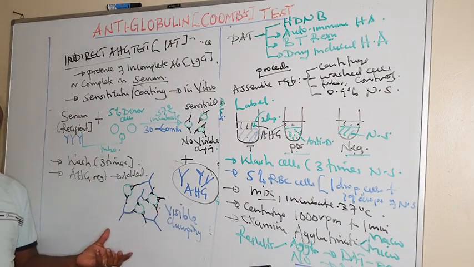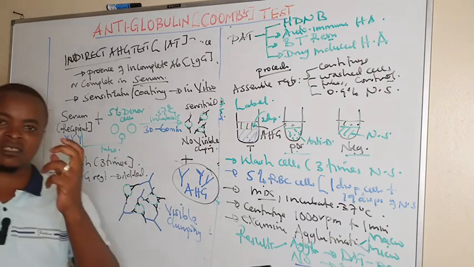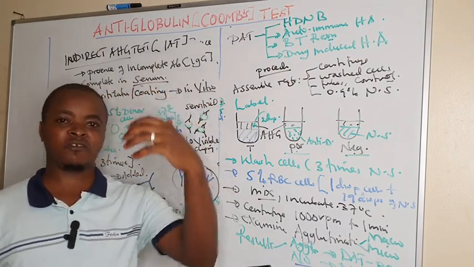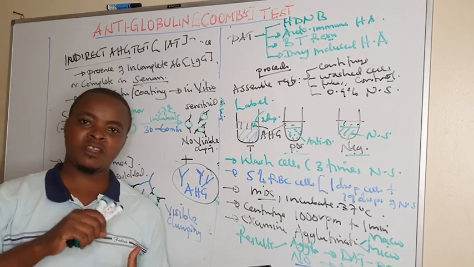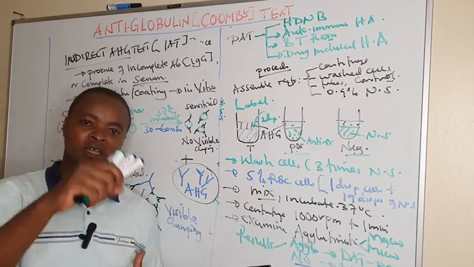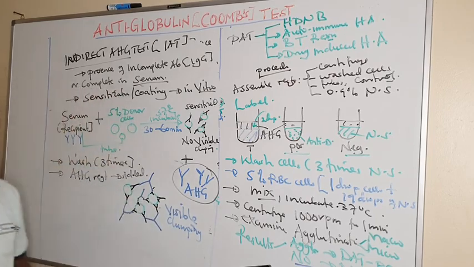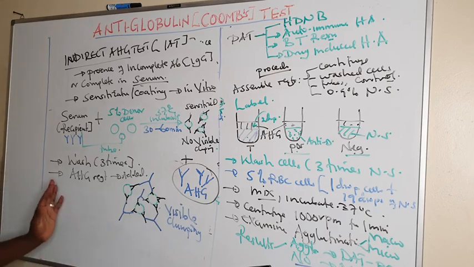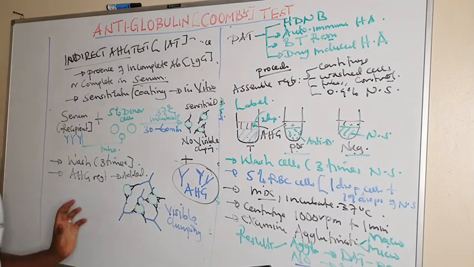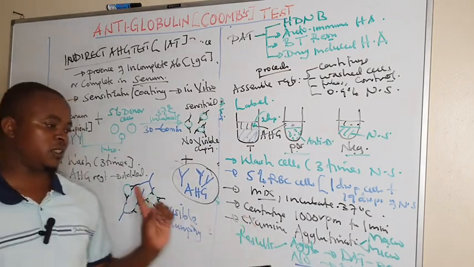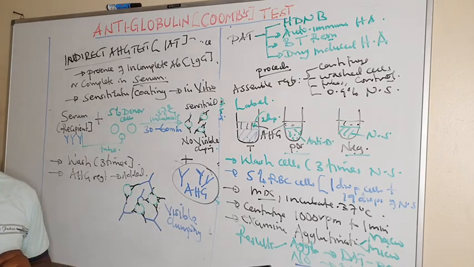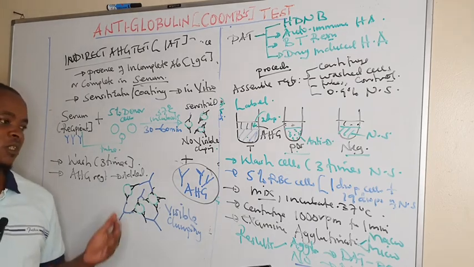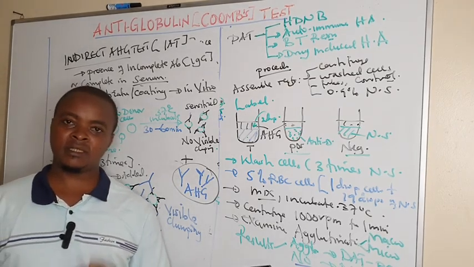This is examined macroscopically by tilting the tube and looking for clumps, or you get a pipette, put a drop on a slide and examine microscopically under ×10 and ×40 objective lens. Presence of agglutination implies there are incomplete antibodies in the serum of the patient directed against the red cells. No agglutination means the test is negative.